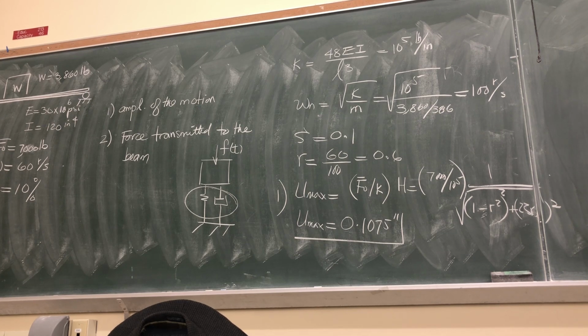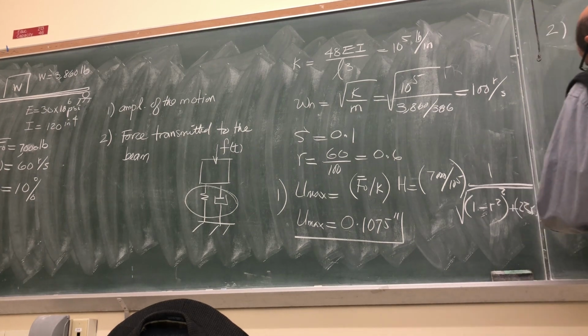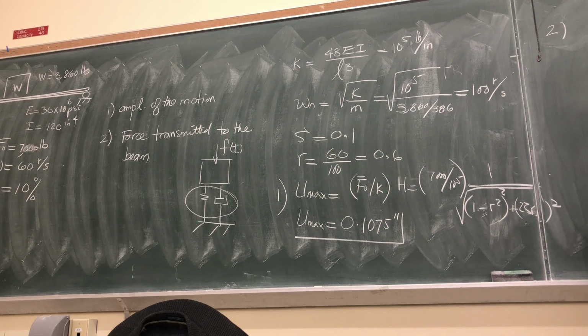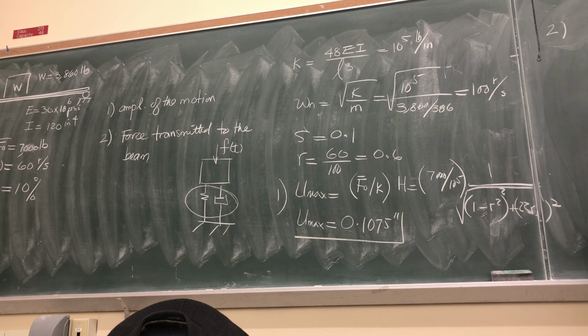But let's see, if you allow that kind of a displacement, how much would be the force transmitted? Okay, so the transmissibility ratio is what? The square root of (1 plus (2 zeta r) squared) divided by (1 minus r squared) squared plus (2 zeta r) squared.